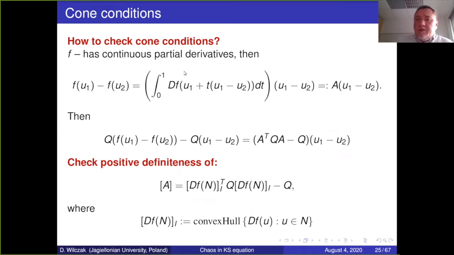The matrix A is given by this integral, if our mapping F has continuous partial derivatives, and our inequality for the quadratic form is simply transformed to positive definiteness of this interval matrix A. Here we have a convex hull of all derivatives at points from the set N. So again, in order to check conditions, we need to compute the derivative of our mapping, compute some matrix, and show it is positive definite. So again, we need an algorithm for computation of the derivative of the Poincare map.